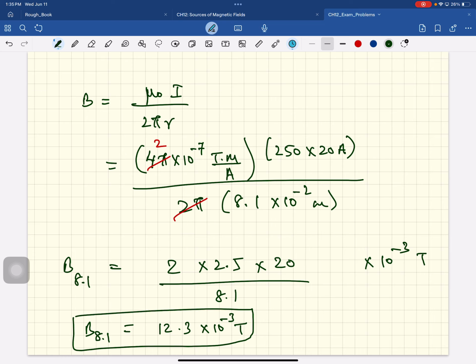Okay. And at any other radius, all you have to do is change that. So let's find the field at 8.9 radius. All you have to do is multiply this by 8.1 and divide it by 8.9.